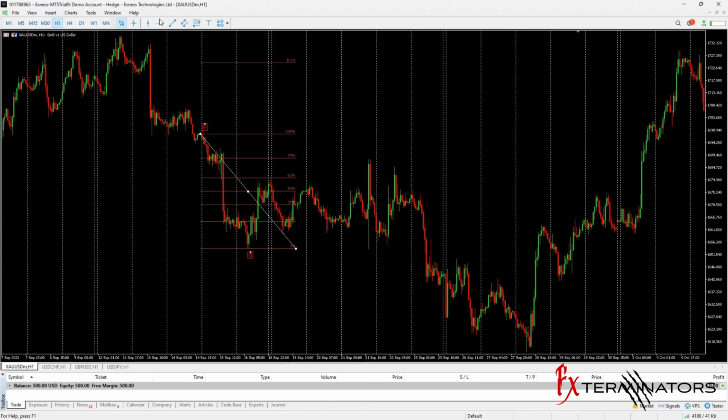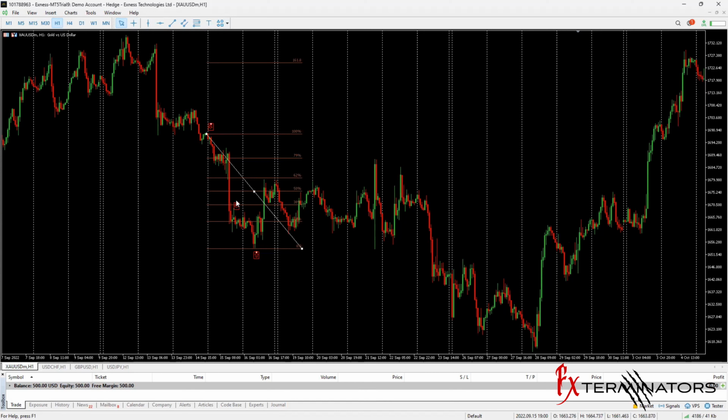Now we see something. We see price making this trend here, lower lows and lower highs. We have lower low, lower high, lower low, and then we had a break of this lower high, stating that we have a change in trend. Don't forget that we were anticipating a retracement to this level before a push to the downside.